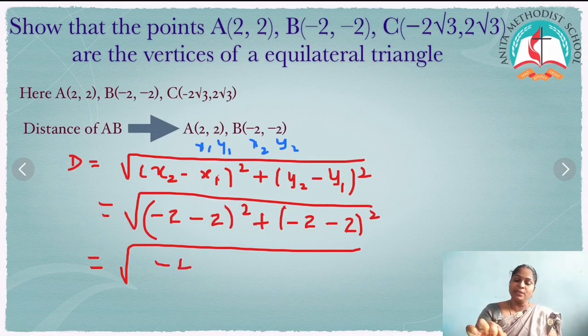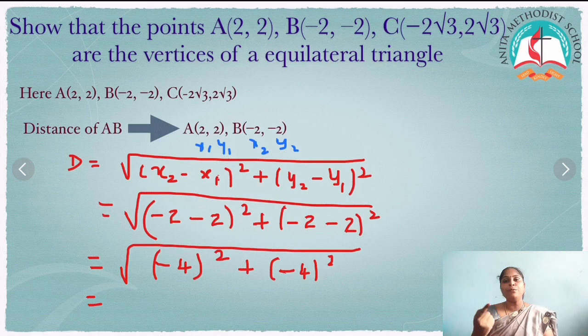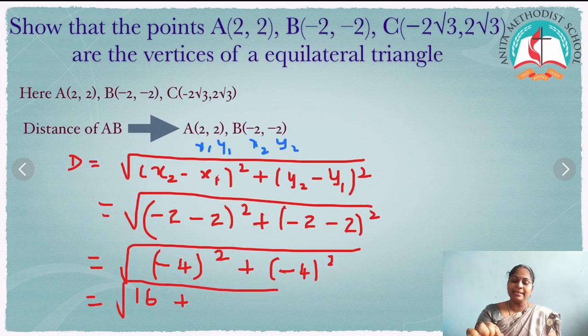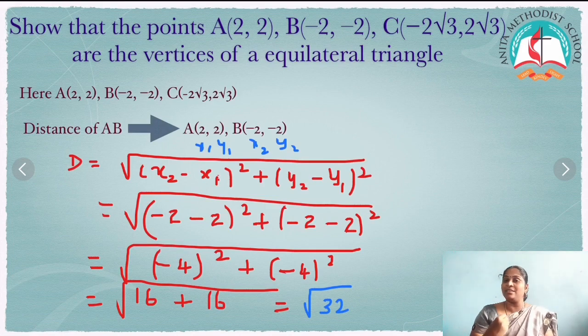Yes, it is (-4) the whole square plus (-4) the whole square. So (-4) the whole square means 4 into 4, 16, plus 16, square root of 32. You can leave this as the square root of 32, or you can do the prime factorization and write it.